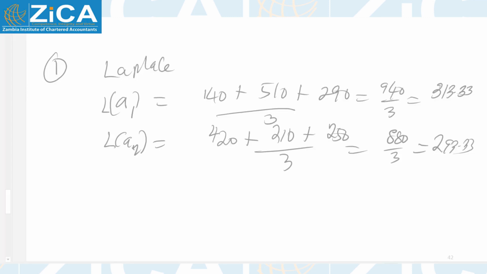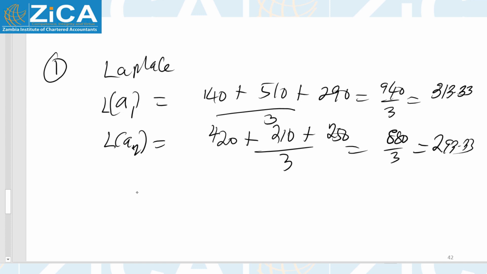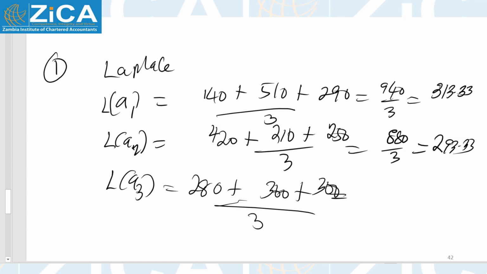Go to A3, the third action, we have got 280 plus 300 plus another 300. Divide this by 3. We're just looking for the average. You have got the 600 plus 280, which gives us 880 again. Divide that by 3, which will give us 293.33.